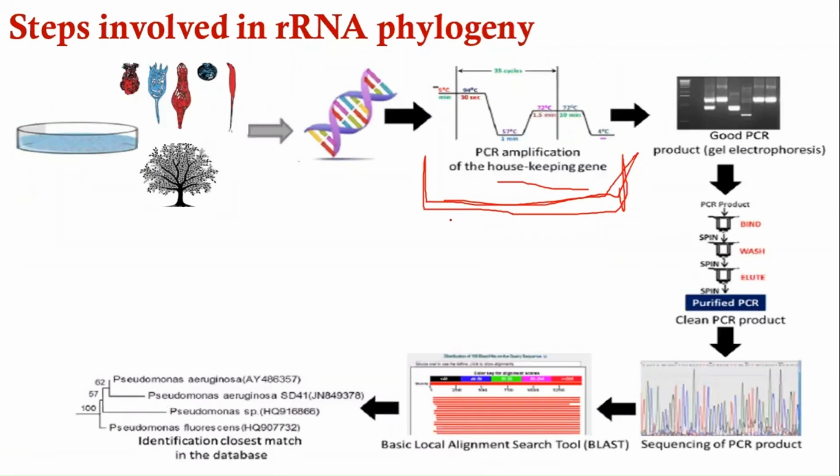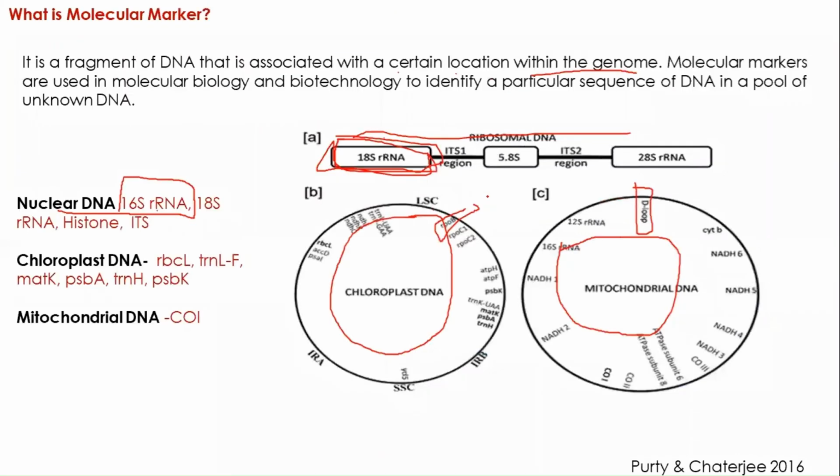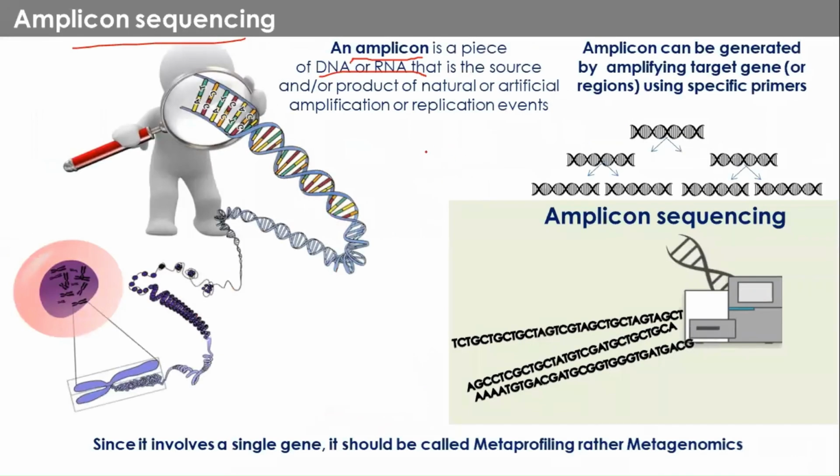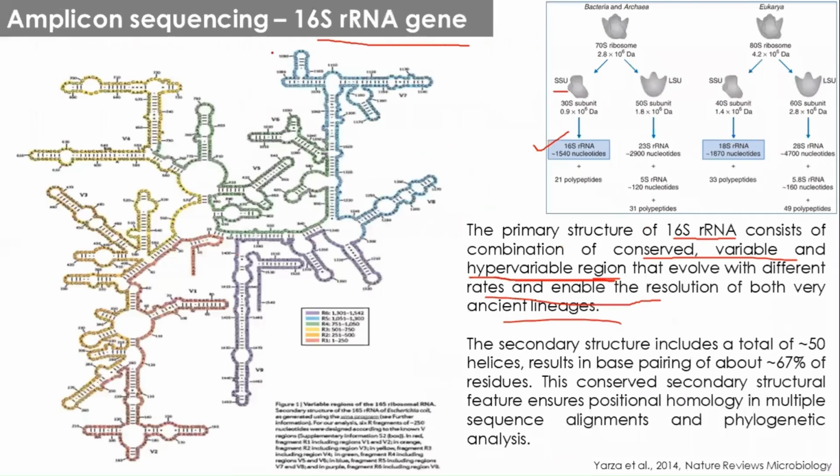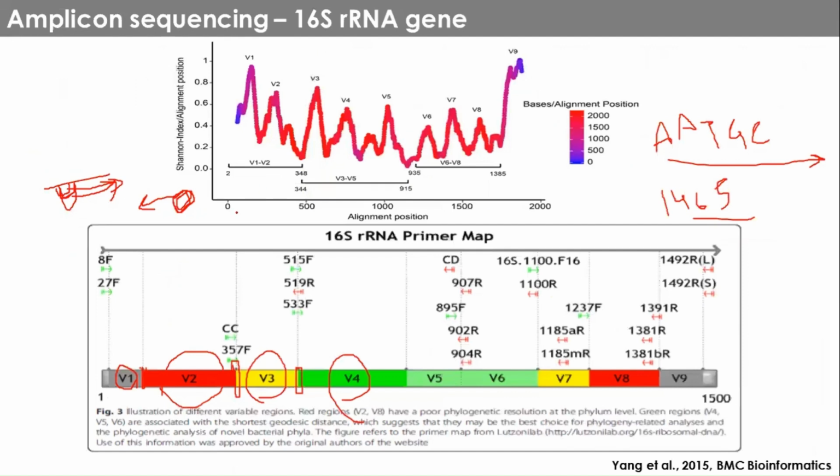Then we looked in detail at why we go for the PCR. So PCR is done for the molecular markers. The region which you sequence from the genome is called the amplicon, and that amplicon could be the 16S rRNA gene in case of bacteria. We choose the 16S rRNA gene because it has a number of variable regions and at the same time constant regions.